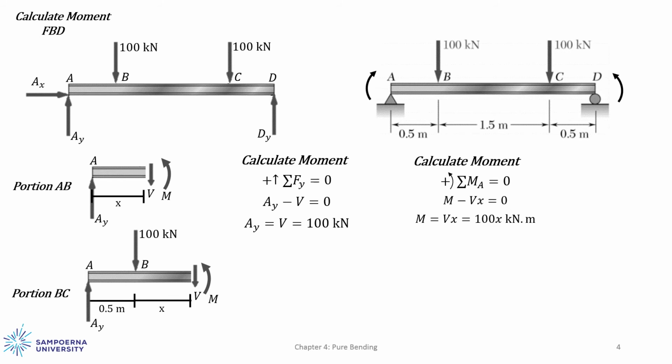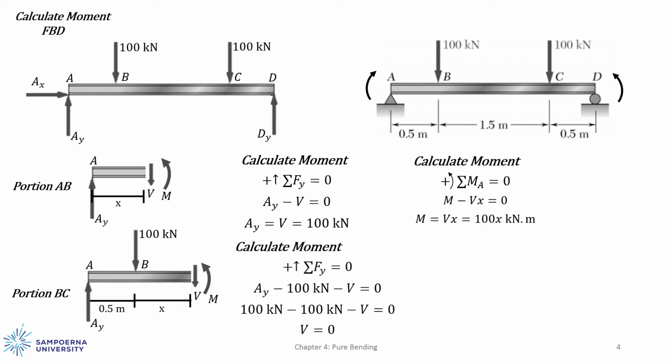Now we cut at a particular location between B and C, and we will have this section. Don't forget the reaction force and moment. Using sigma force in Y, we get V in this section is 0.